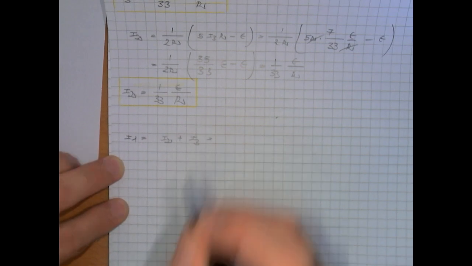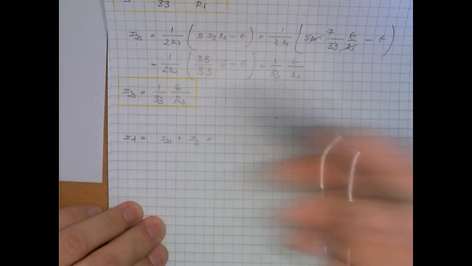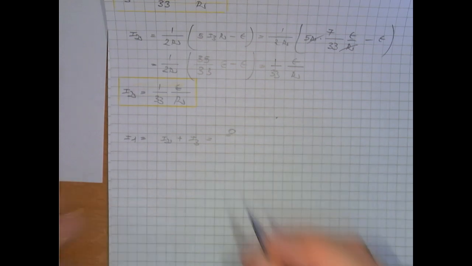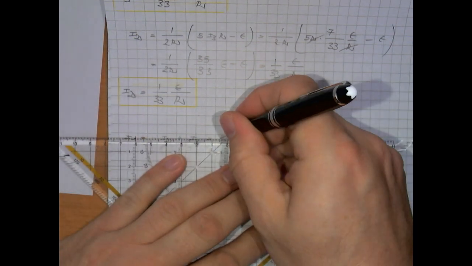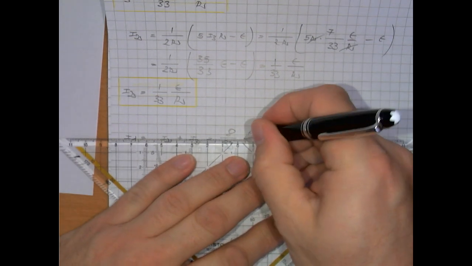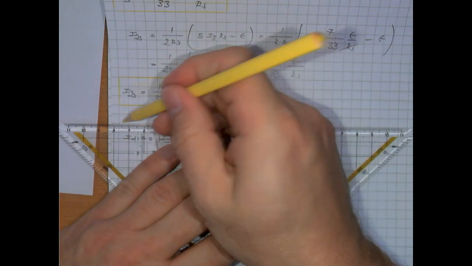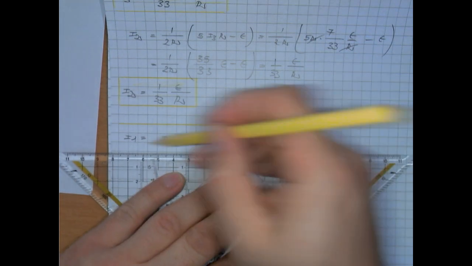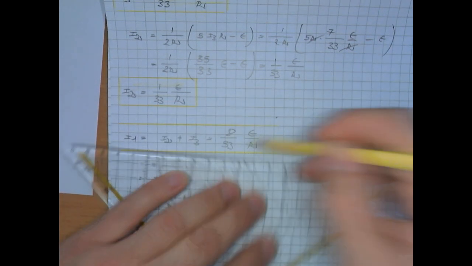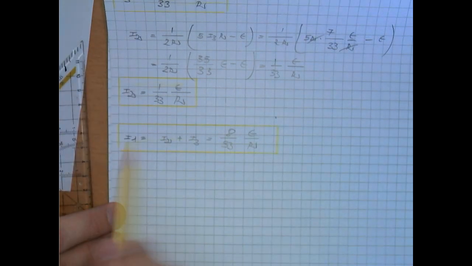You sum both of those, and then you're getting here 7 over 33 plus 1 over 33, which is therefore 8 over 33 epsilon over r. So if you come to this point, I strongly encourage you to check your result, that this is really indeed the case.